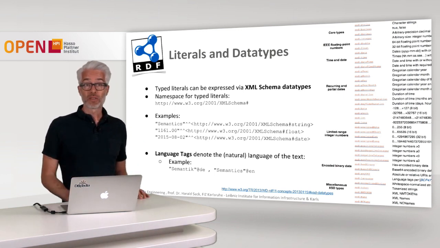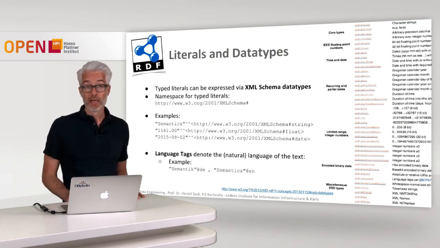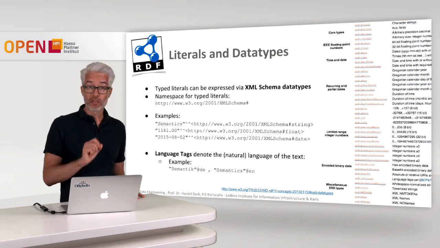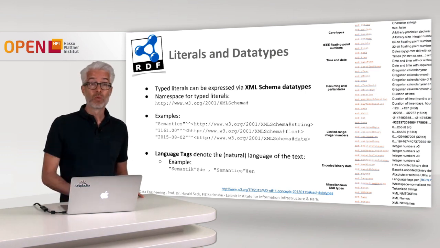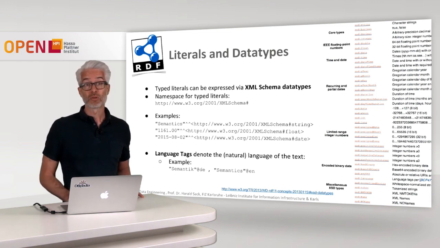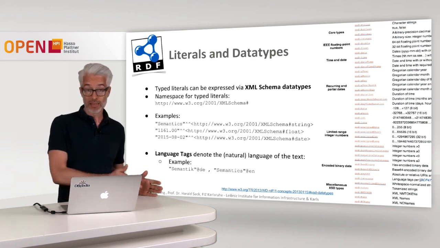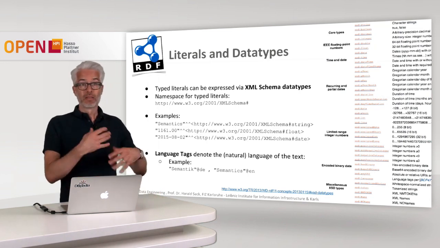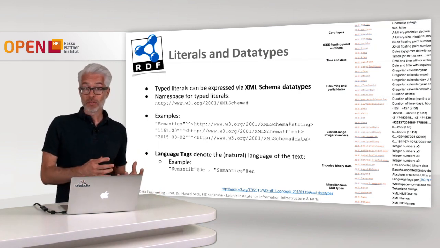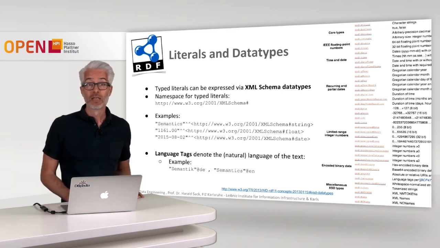Another variant would be if you are using a character string and want to say in which language the content of the character string should be interpreted. This can be denoted with the help of so-called language tags. Language tags denote the natural language of the text. You do this simply by adding behind the quoted string an at sign, and then you use a two-letter identifier, according to an ISO standard.